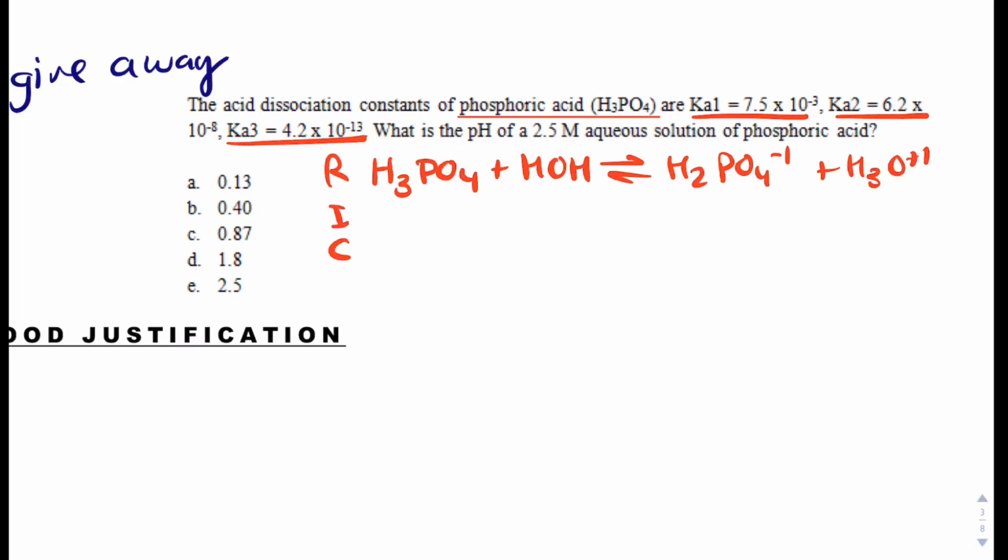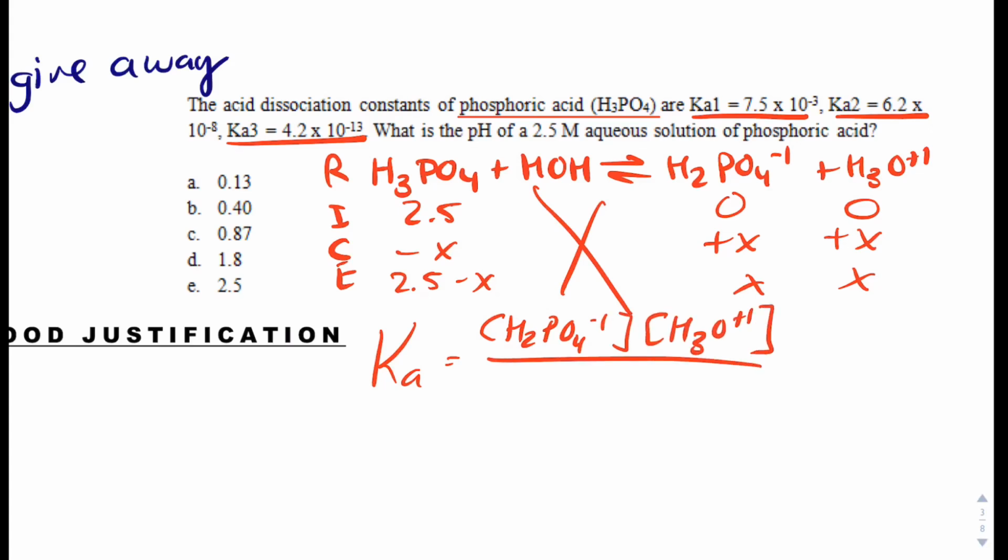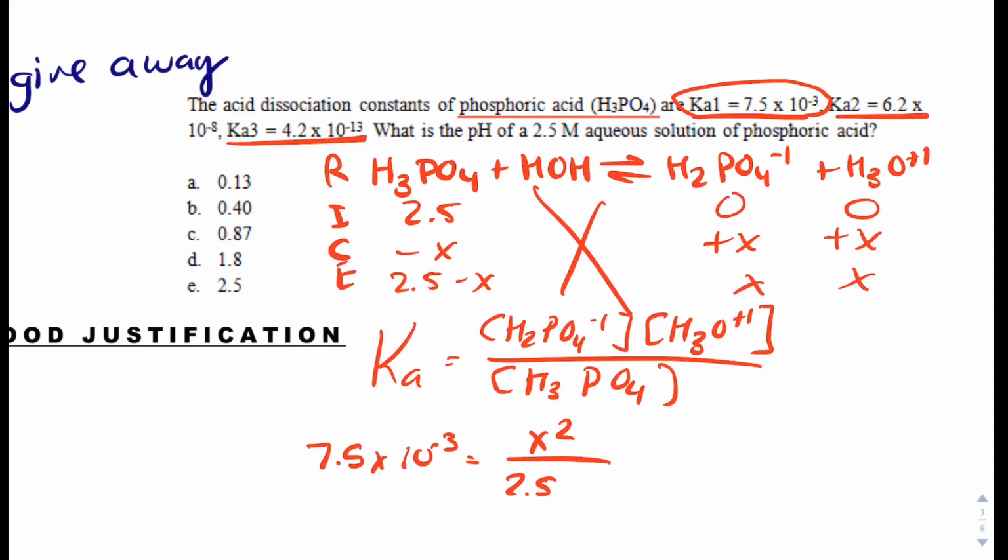Set up a rice table. 2.5, 0, 0, minus X, plus X, plus X, 2.5 minus X, X, and X. Ka equals H2PO4 minus 1 times H3O plus 1, divided by H3PO4. This is Ka1 right now, and that's going to be 7.5 times 10 to the minus third equals X squared divided by 2.5 minus X.